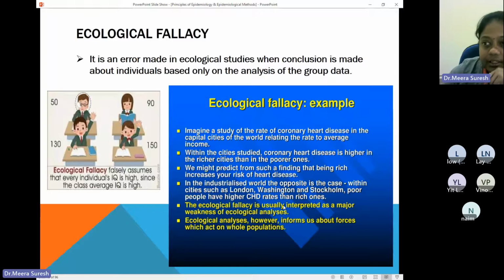In some countries, we see that association, where the people are rich and might have increased CHD, but the condition is reversing. For example, if we follow up, industrialized countries like the US or UK in the 1930s and 40s were not as established as now.